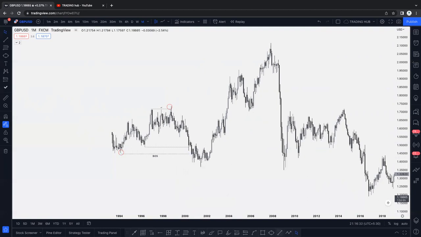Market pushed upside. First inducement is here, engineering liquidity is here. So basically these are two points where we are anticipating the sell.